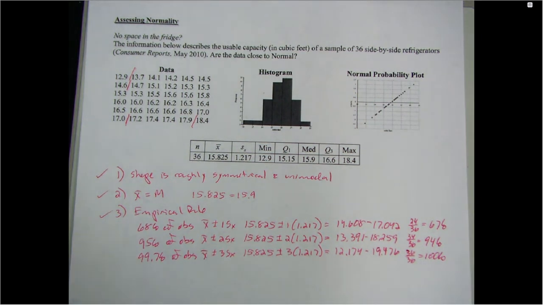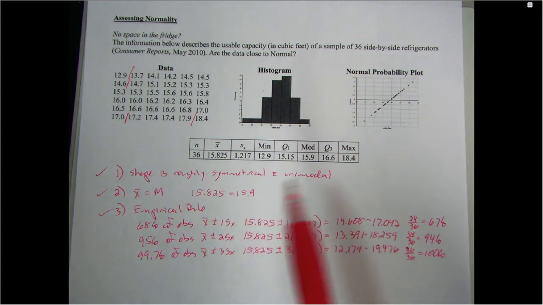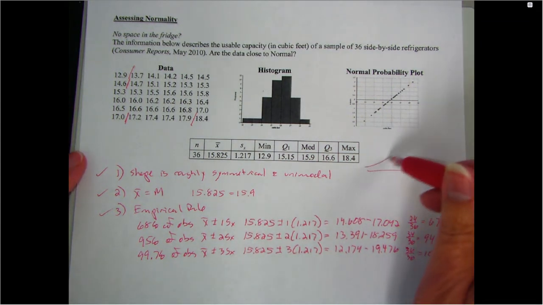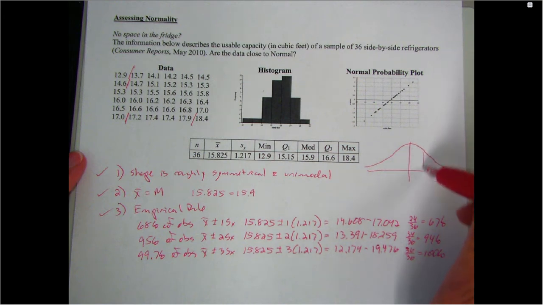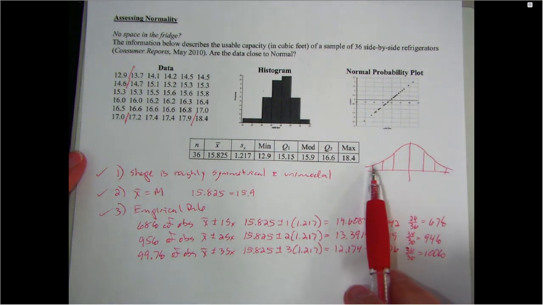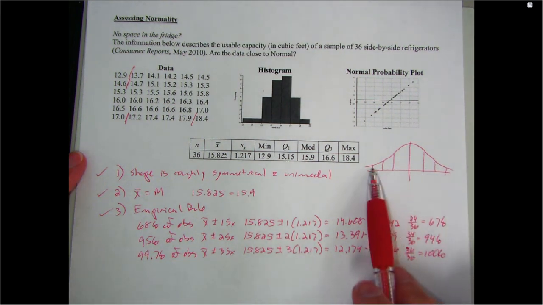So that's 3 things, 3 out of the 6. All right, let's go along with this 3 standard deviations. In a normal curve, remember, I'm going to draw a little normal curve. We've got 1, 2, 3 standard deviations above and below the mean. So a majority, 99.7% of the data is within those 3 standard deviations.